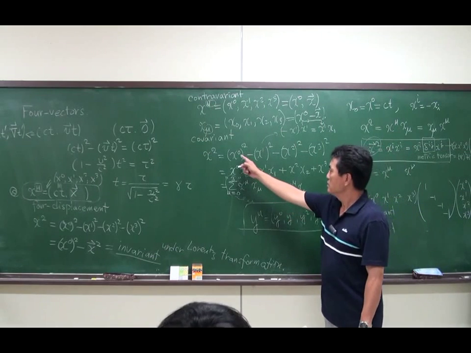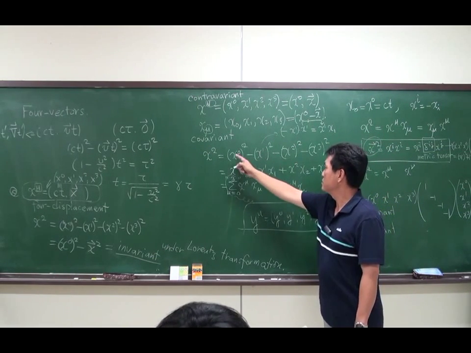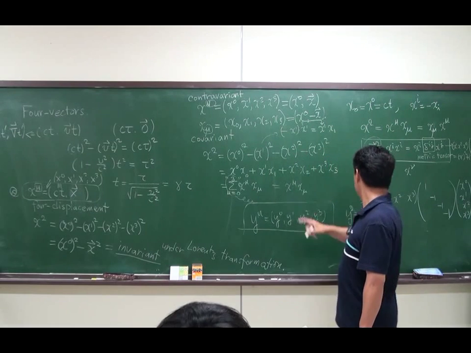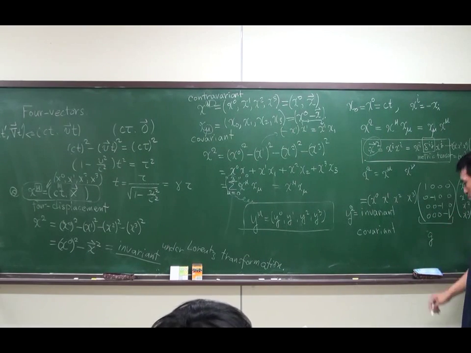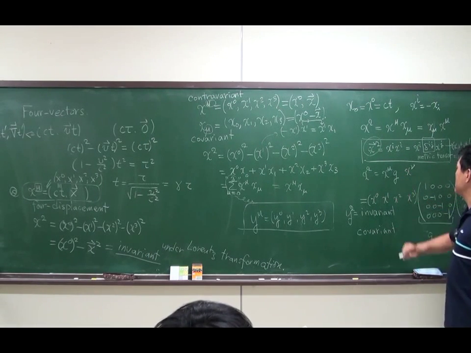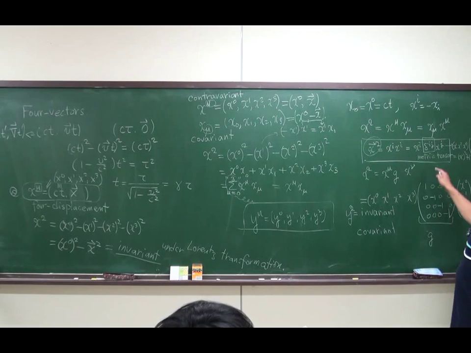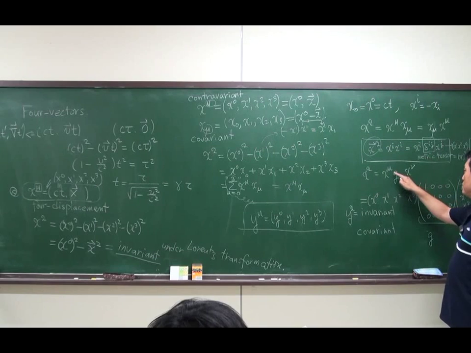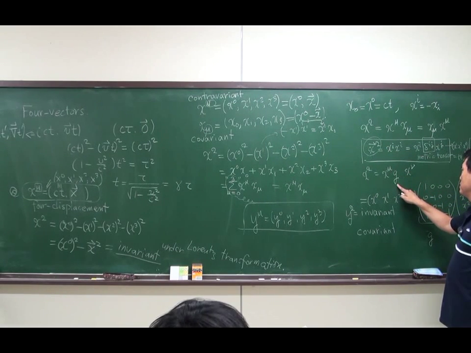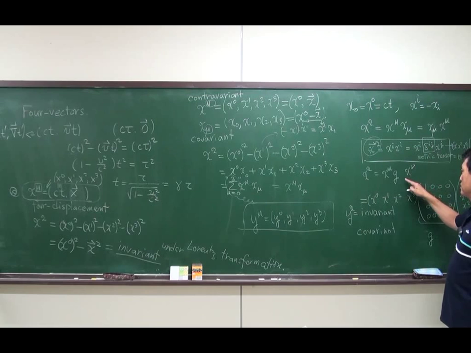Okay? If they are both up, it is 1, minus 1, minus 1, minus 1, and there is no crossing term. So we call this one g. I'd like to put Greek letters for the repeated indices, so there should be some mu here and nu here.